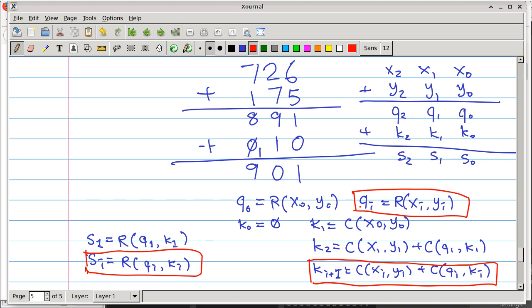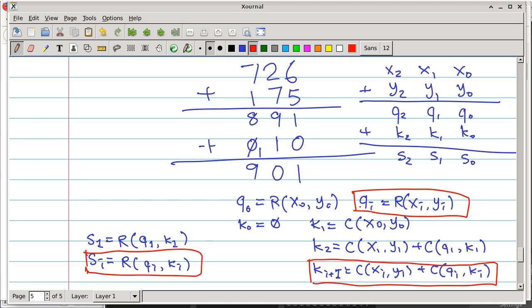So that means the only thing that's going to change is that in base 2, our R function can be done using Boolean operators. Our C function can also be done using Boolean functions. That's the only thing that changes. In base 10, we cannot.